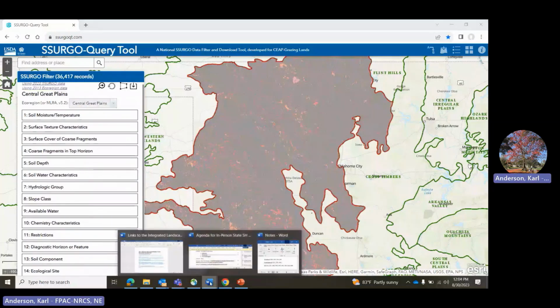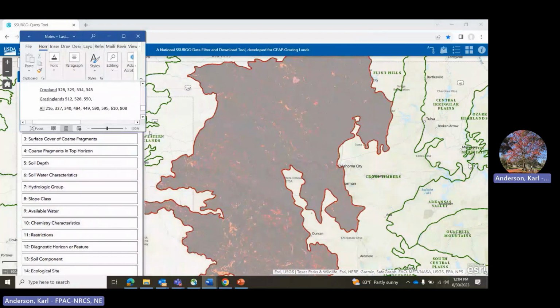So that gives us an idea when we're looking at these practices. Things like no-till and cover crops, some of those focuses may not be as much on erosion. Of course, we're looking primarily at soil health, but as a secondary concern, erosion is not going to be as high, particularly when it comes to water, HEL.